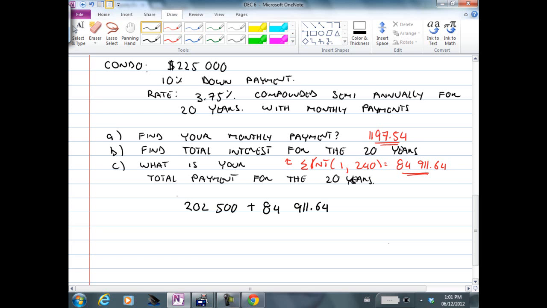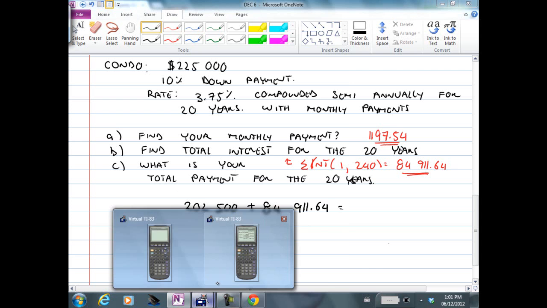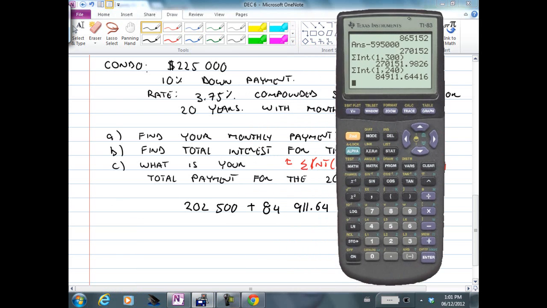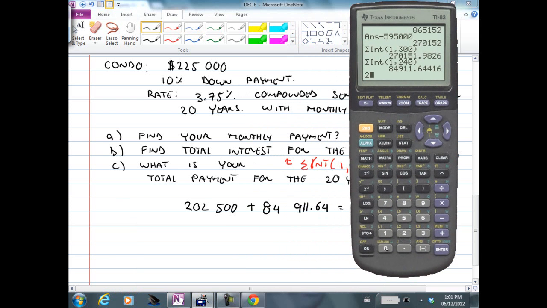See what I did? Let's add these together and see how much I end up paying the bank in 20 years. And this is how banks make money. Which is $287,411.64. And that is your total payment in that 20 years.